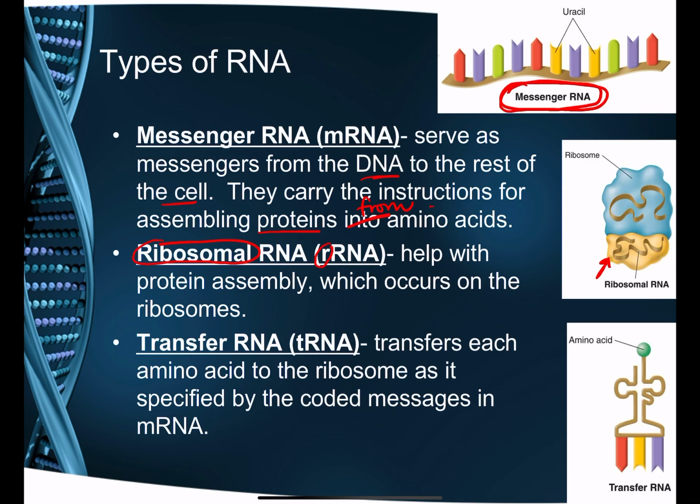Now, the last type of RNA that we're going to talk about is tRNA, which is transfer RNA. And so it is important for transferring amino acids to the ribosome, okay? So, if you think about a protein as a strand of pearls, all right? But let's think of our pearls as multicolored.